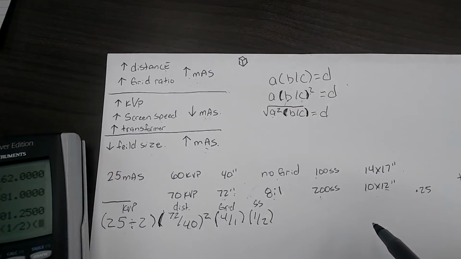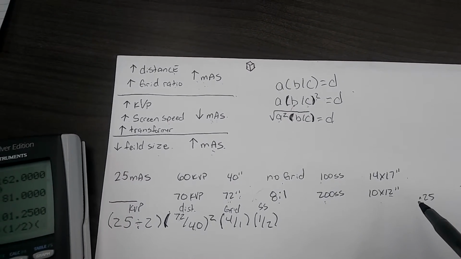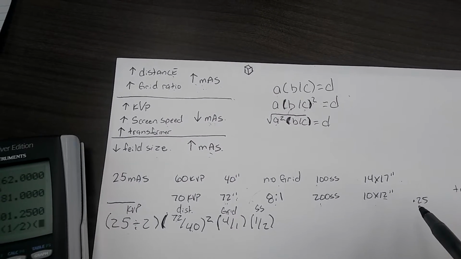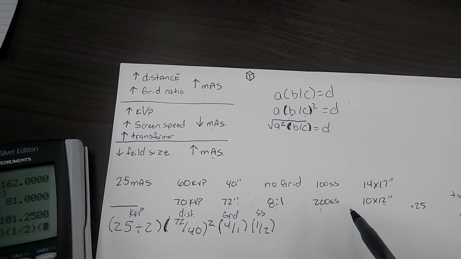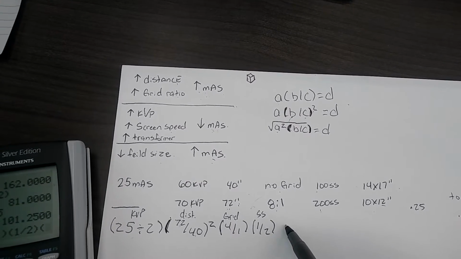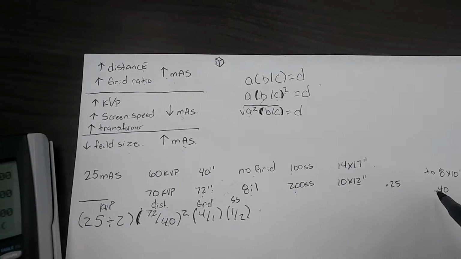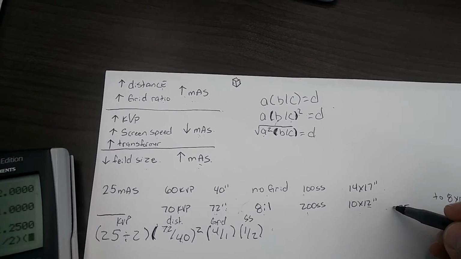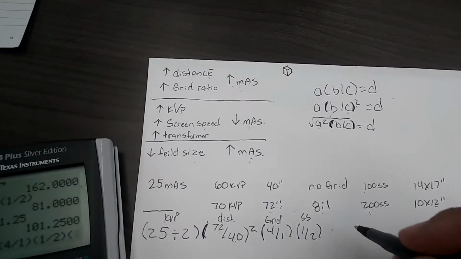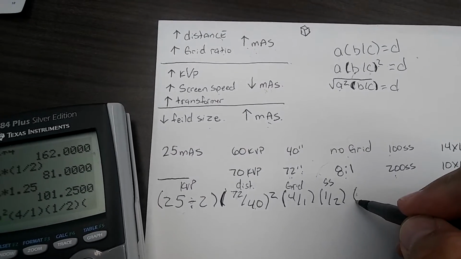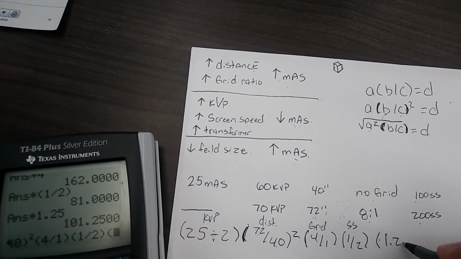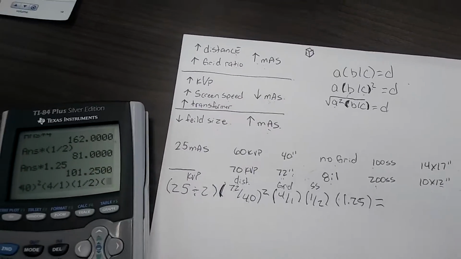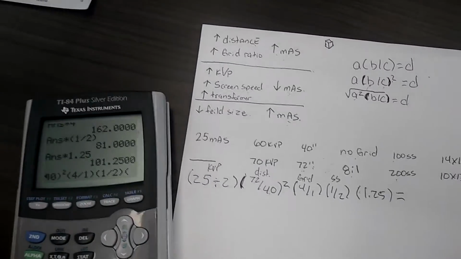What I do here is, if you take this times 0.25, it's going to give you a number, and then you have to add that to whatever number you end up with here. I just take these factors and put a 1 in front of them, because I need whatever I have plus whatever I have times 0.25. So if you times it times 1.25, we're going to arrive at our final number.